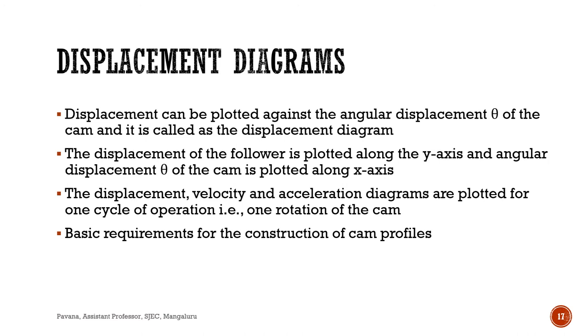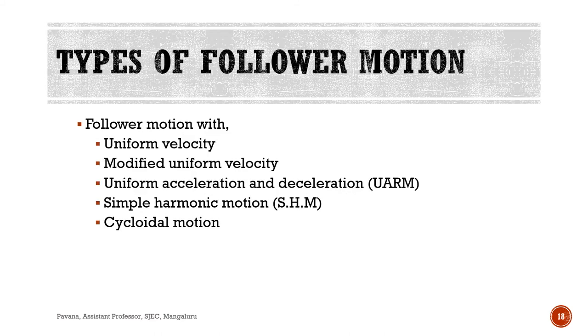When you draw a displacement diagram, we have to see what type of motion the follower takes place. Mainly there are 5 types of follower motion. First is uniform velocity, second is modified uniform velocity, third is uniform acceleration and deceleration, which we call UARM. Fourth is simple harmonic motion, also called SHM. The last is cycloidal motion.